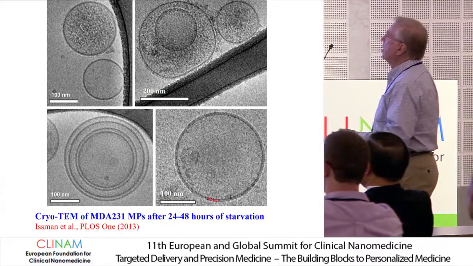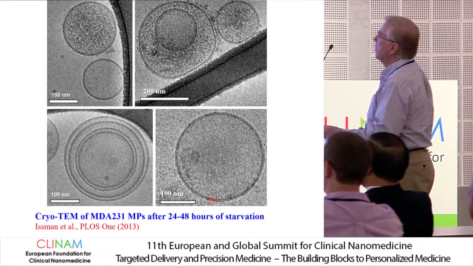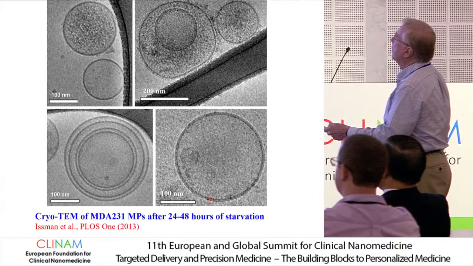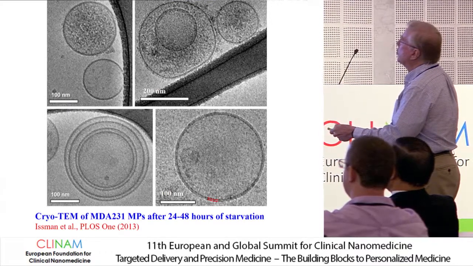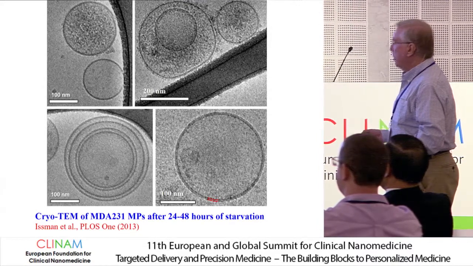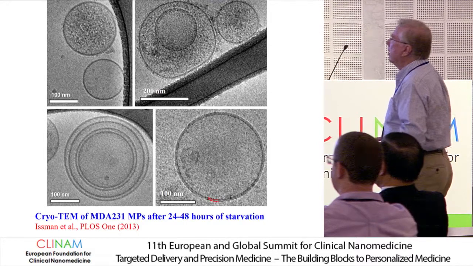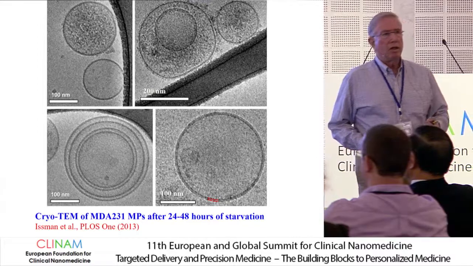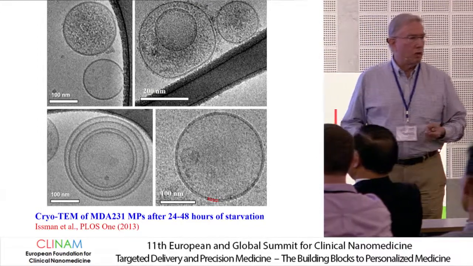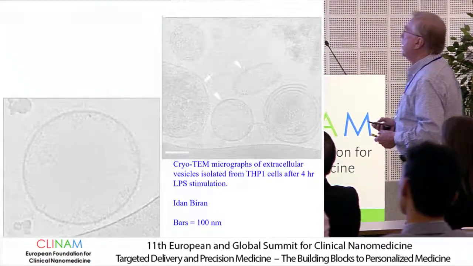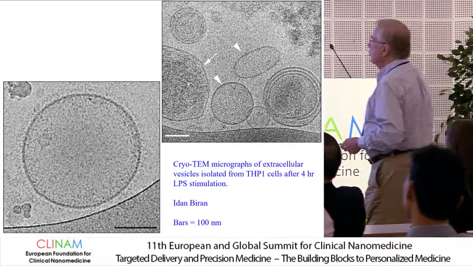You can see we have granulated ones, smooth ones, and some that have protrusions on their membranes, which is quite typical for what we see in extracellular vesicles. Of course, in these images, you can also appreciate the preservation of the structures in the electron microscope specimen.